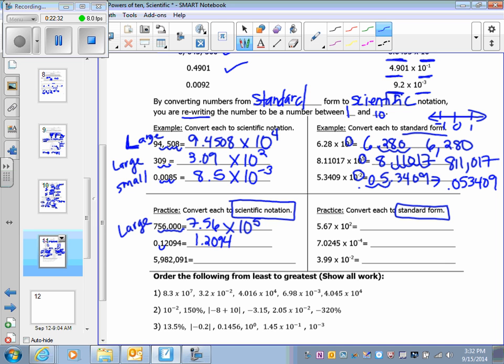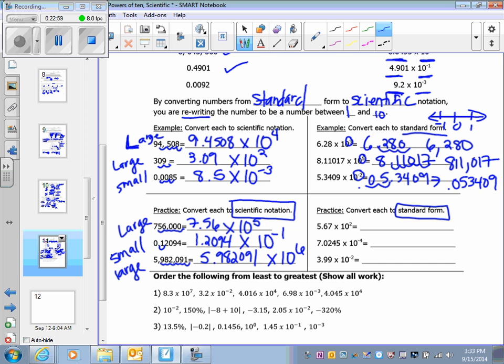Now this value is between 1 and 10. And since I moved once, and the value I started with is small, it's going to be 10 to the negative first. So this value is small. Okay? The decimal is here at the end, 1, 2, 3, 4, 5, 6. This becomes 5.982091. And because the number I started with is large, it's times 10 to the 6th power.